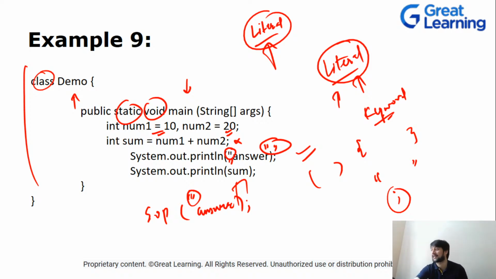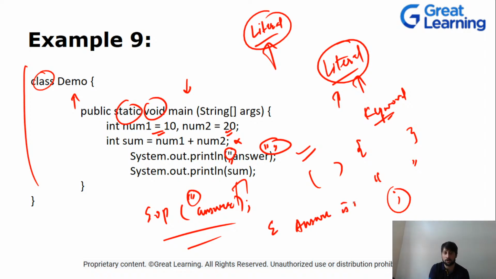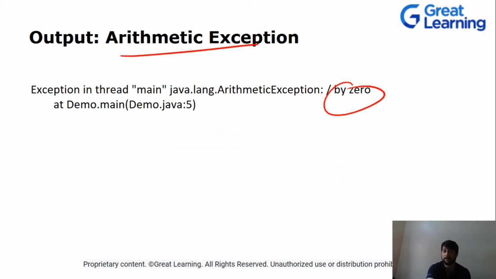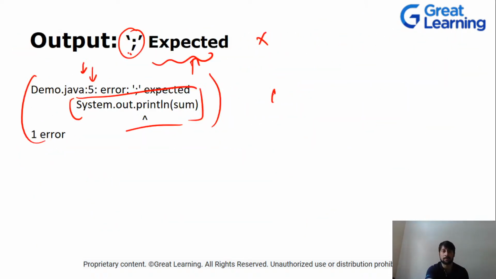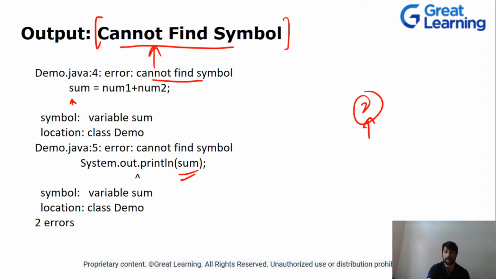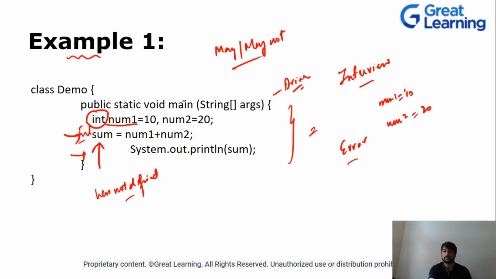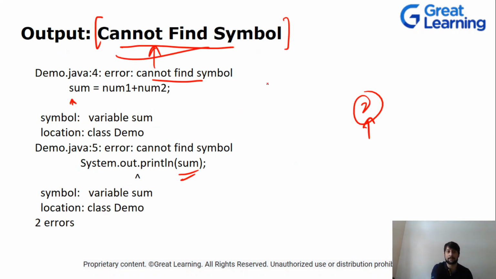Okay, great, excellent, guys. So this will again be an error which says that your answer has not been defined. Answer is not defined. This will be another error if you remove these double quotes. This we have already seen, right? Okay, so this is not defined. So the first problem that we talked about, this was the first problem, cannot find the symbol, right? If something is undefined, it will say cannot find the symbol, undefined symbol, right?